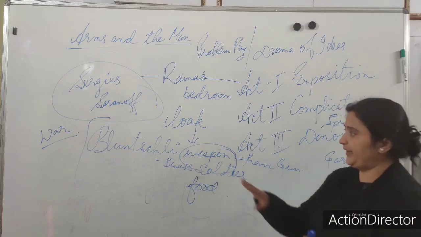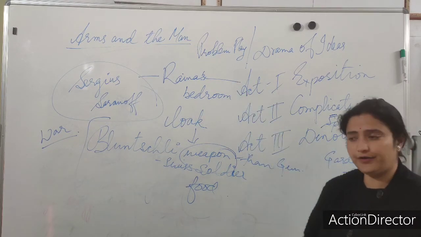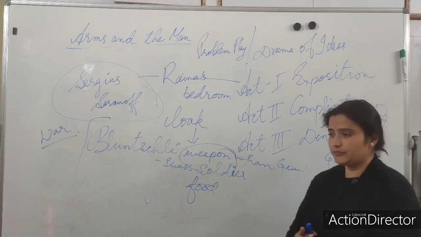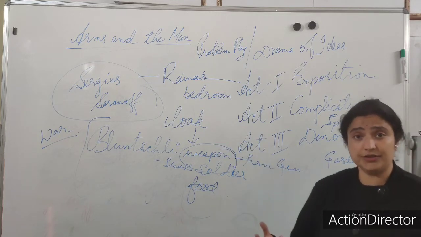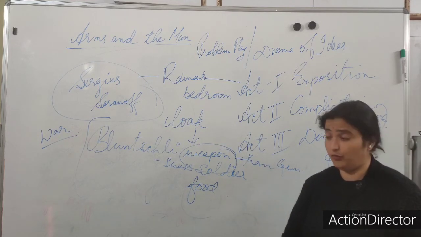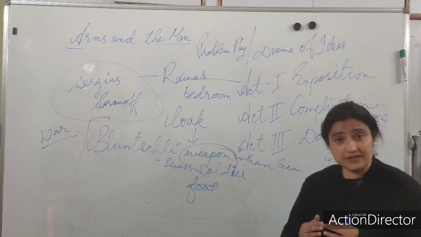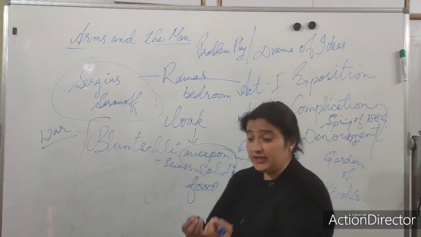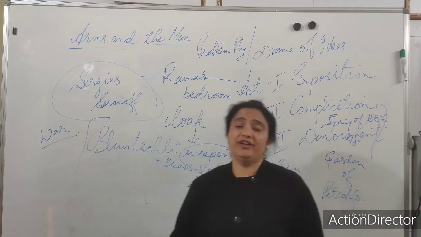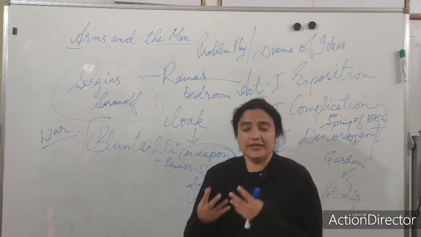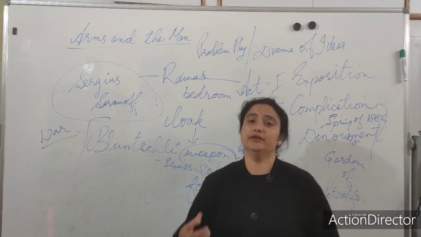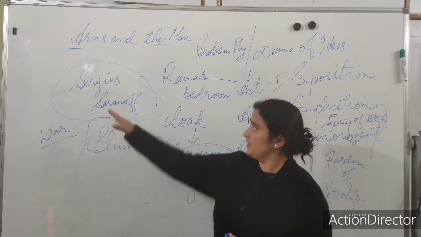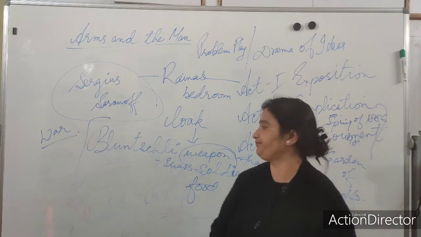Now Major Petkov, Raina's father, is aware of everything, how foolish Sergius Saranov appeared in the war, how he behaved in the war. So obviously he was expecting a promotion, but because of the action that he showed in the war, he would definitely be demoted, right? So in that fear, he has resigned from the army, Sergius Saranov, okay?